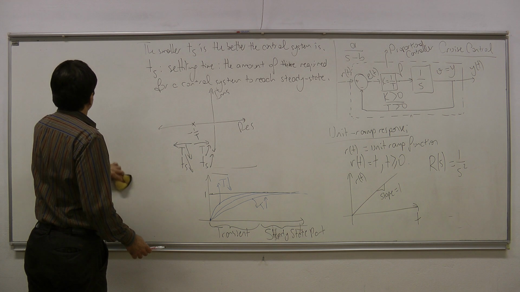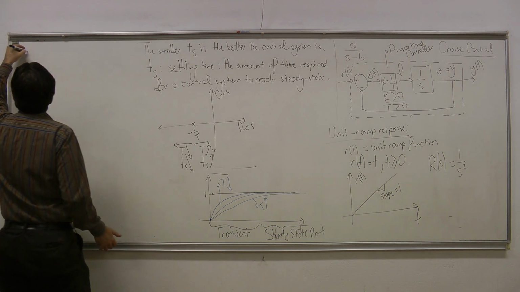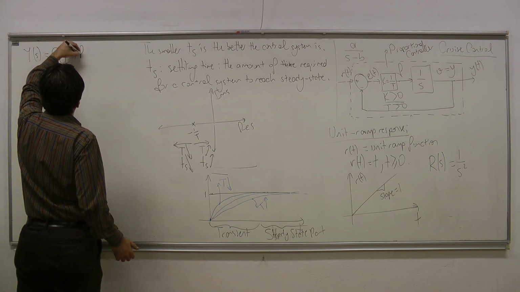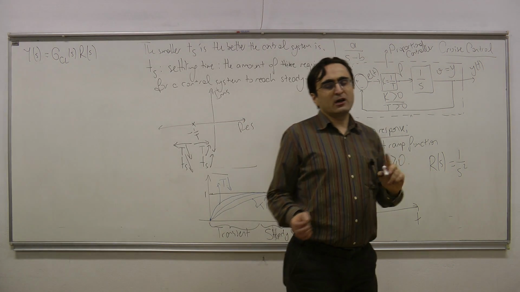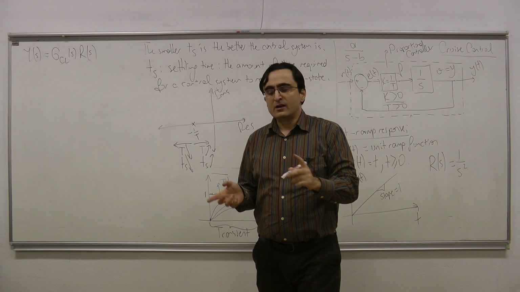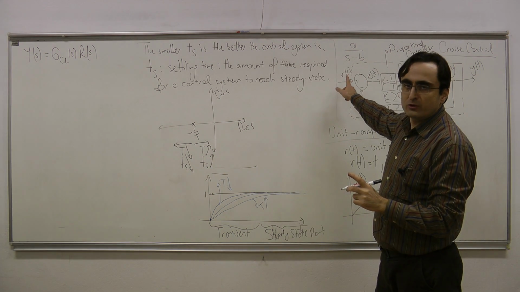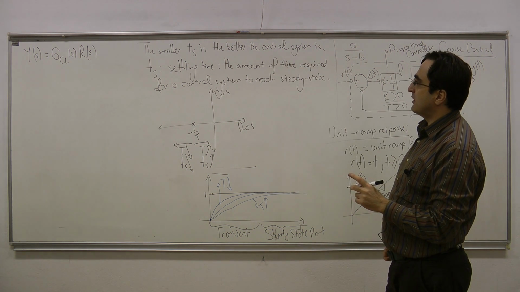So now let us calculate the unit ramp response. We're going to do the same thing here. Y of s is going to be G closed loop of s times the input Laplace transformation. Remember, sometimes I call the input u of s, and sometimes when it is closed loop like this, I usually call the input r of t and its Laplace transformation r of s.